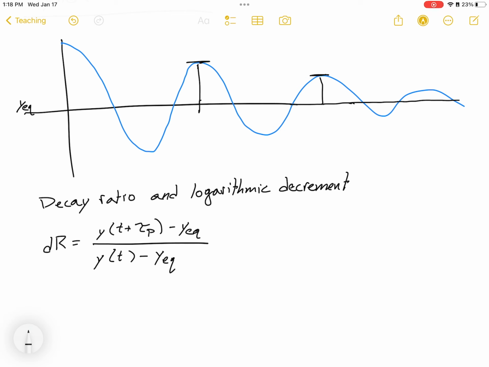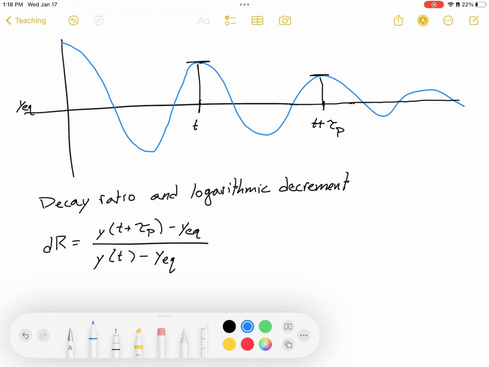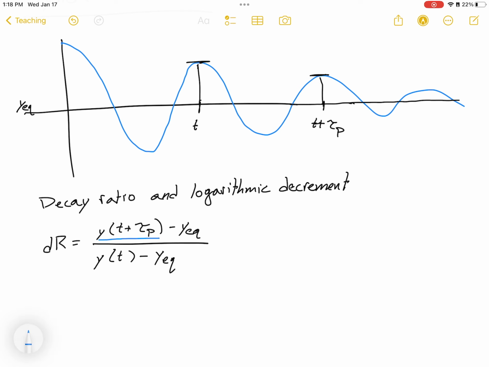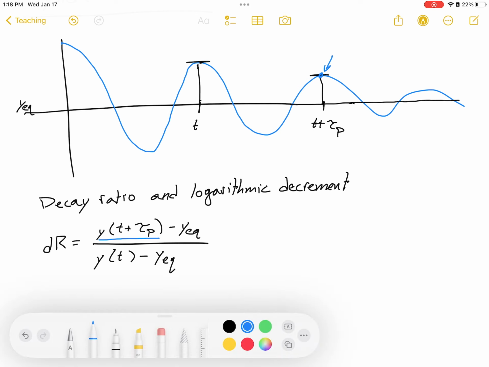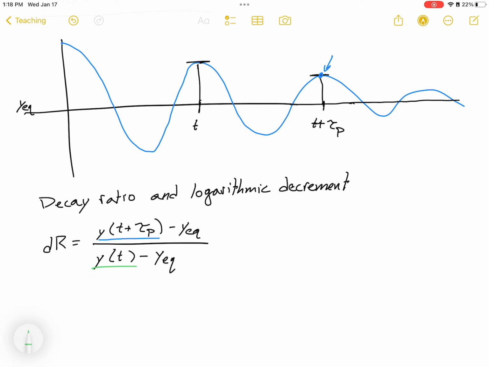So if this is t, this point right here is that same t plus a period. Y of t plus the period is going to be this quantity right here, and y of t is going to be this quantity right here.